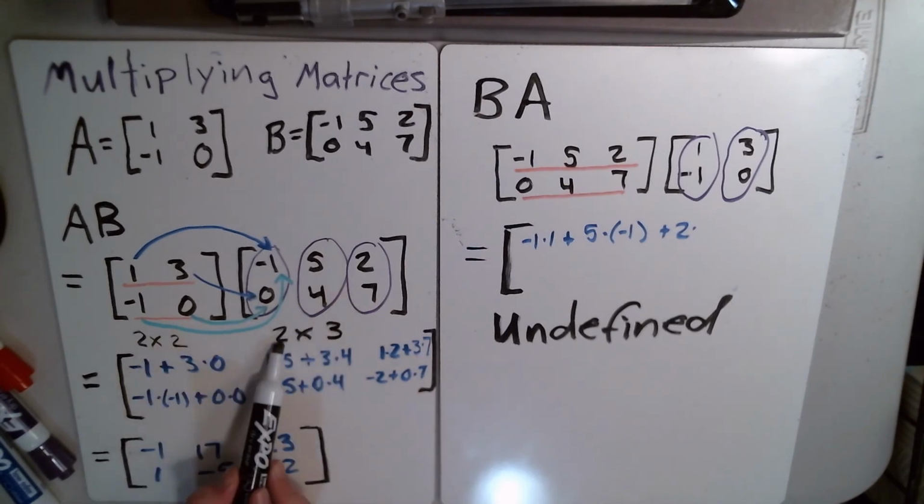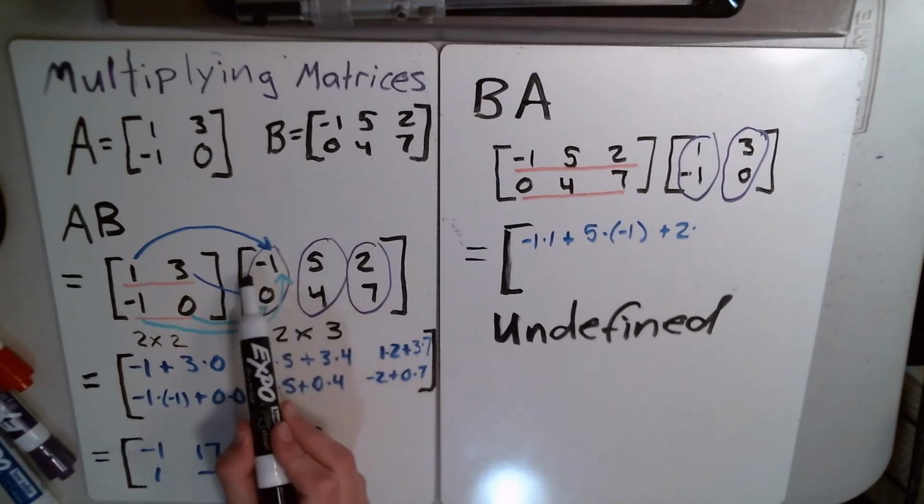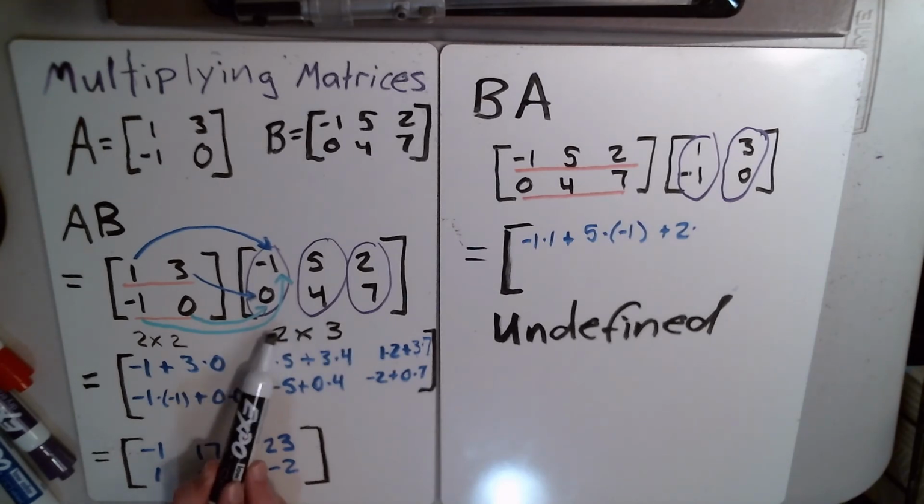As long as those two inside numbers are the same, you can multiply the matrices together.